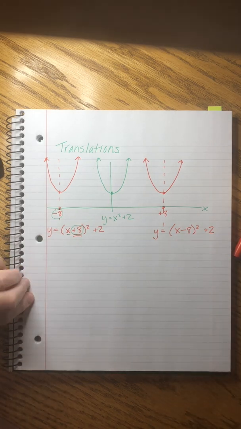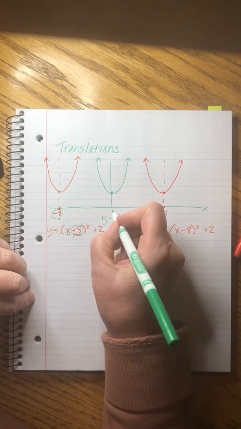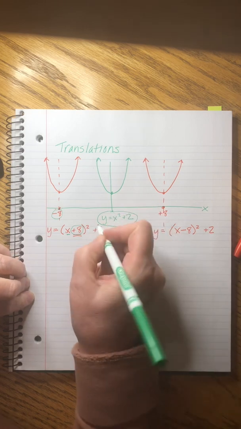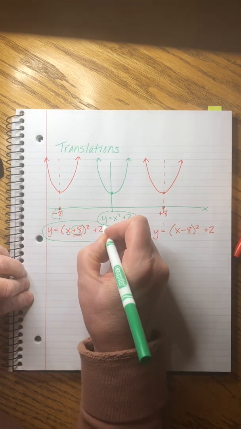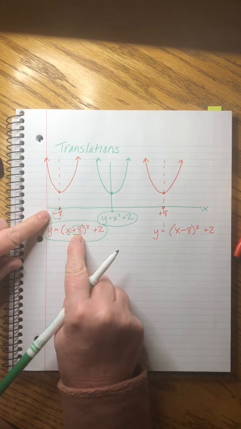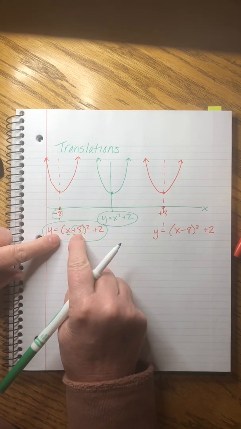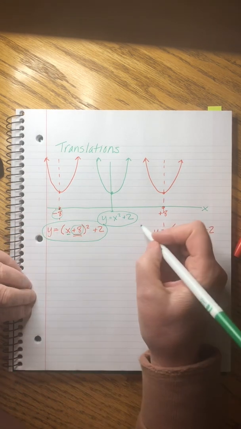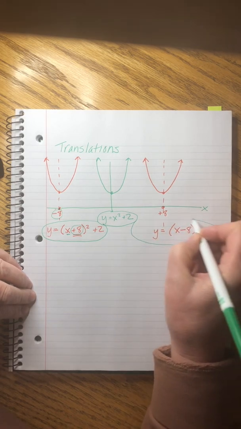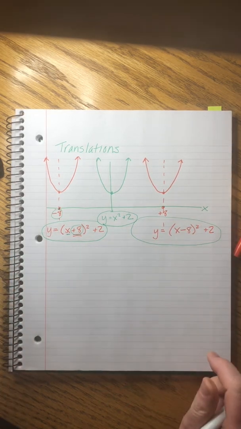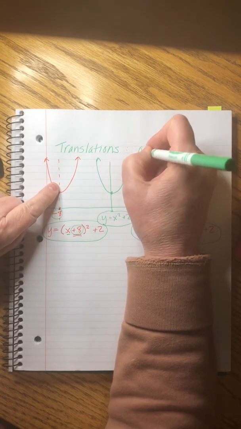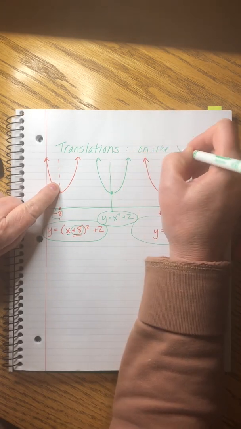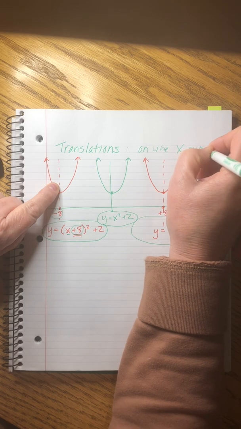So there's the base equation, and there's translating it to the left into the negative number. We move it with the opposite sign, and then here it is moving it in the positive direction. We use a negative sign. So these are translations. This is on the x-axis.